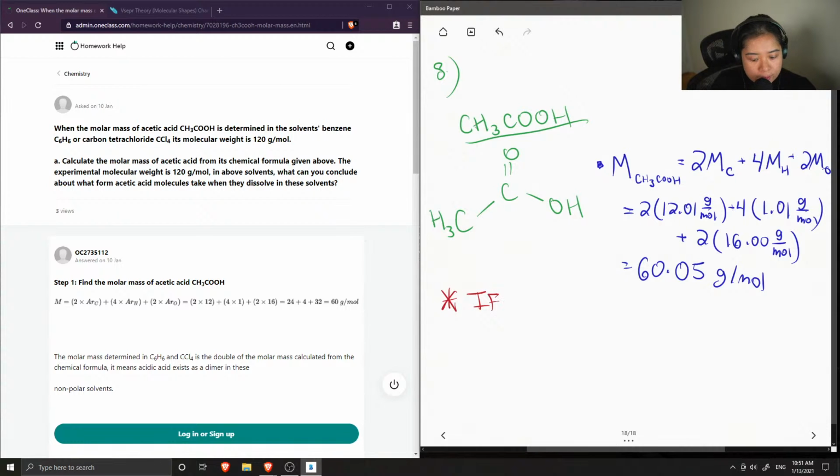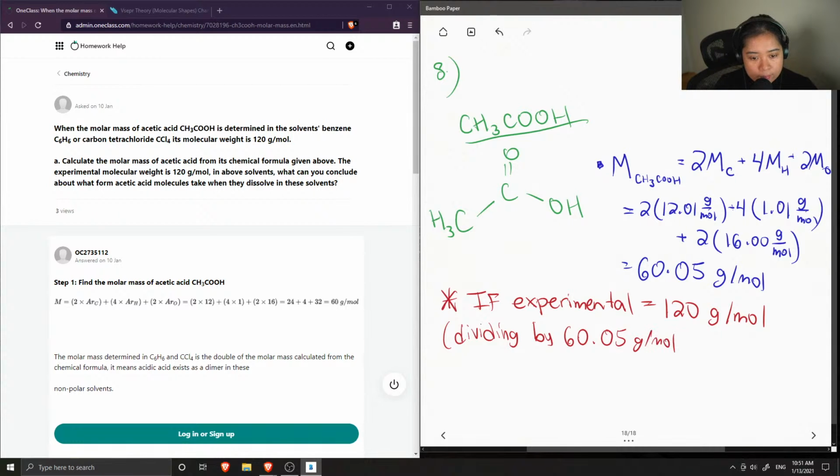So if the experimental value is equal to 120 grams per mole, if we divide this by the molar mass, we get around 2.